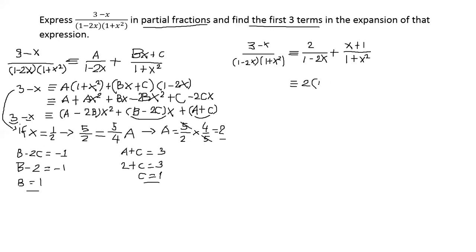It becomes 2 times (1 minus 2x) to the power minus 1, plus (x plus 1) times (1 plus x squared) to the power minus 1, like this.